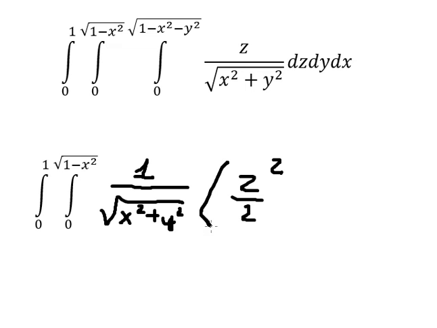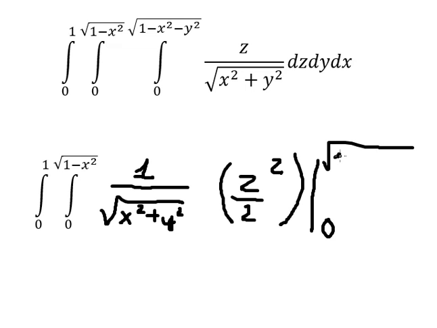And this one we put the bounds from 0 to the square root of 1 minus x squared minus y squared. And we have dy dx.